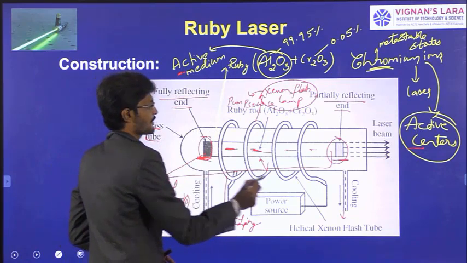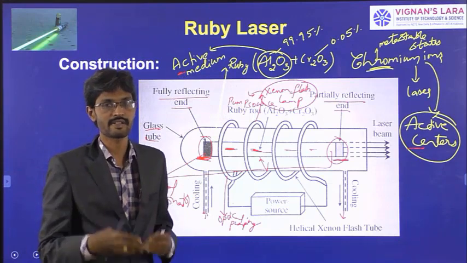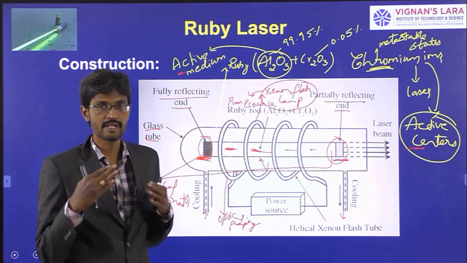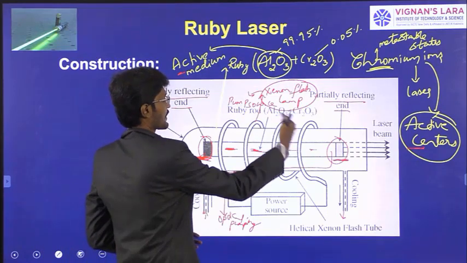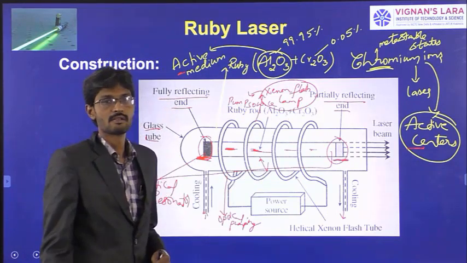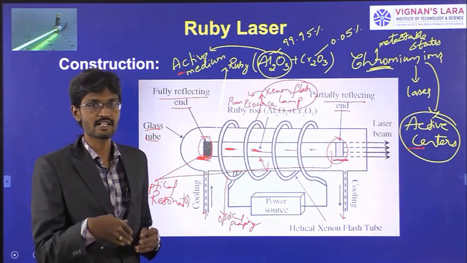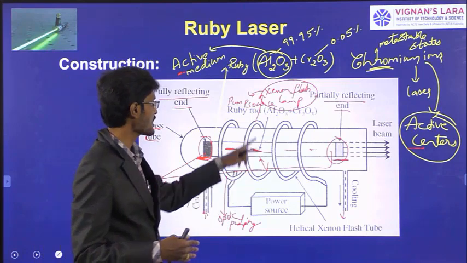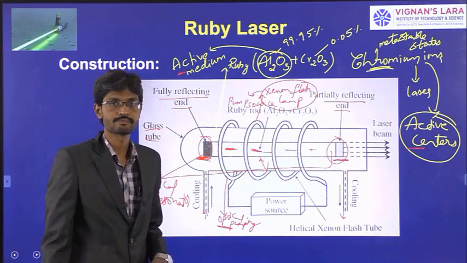The end surfaces of the ruby rod act as mirrors, therefore the end surfaces act as the optical resonator. The ruby rod is surrounded with a xenon flash lamp in helical shape, which acts as the pump source, and the pumping method is optical pumping.